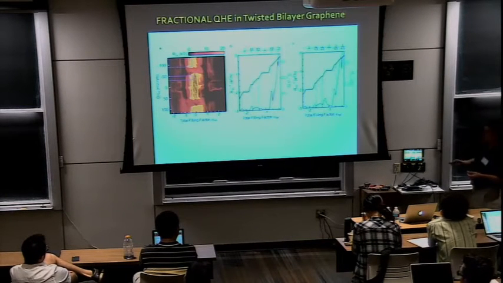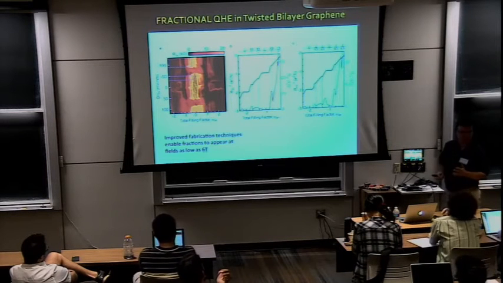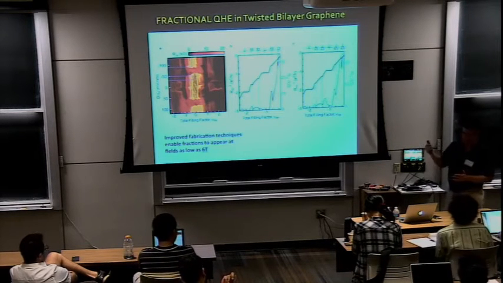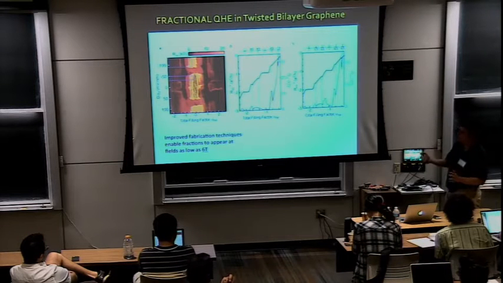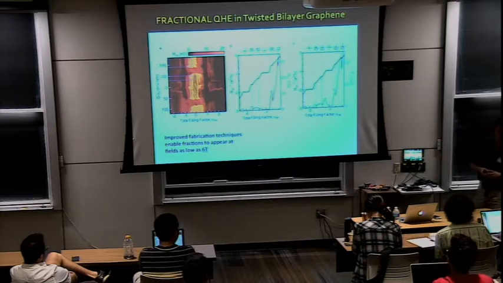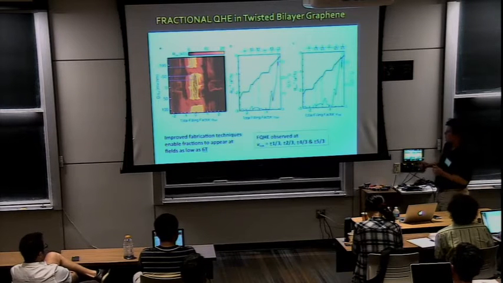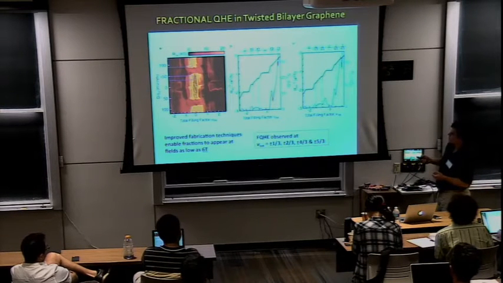Now, recently we've been able to fabricate samples of higher quality and do these measurements, so now Rxy and Rxx measurements at magnetic fields as low as 6 Tesla. So we don't have to go to Tallahassee to do these experiments. Now we can measure fractional quantum Hall effect in twisted bilayer graphene at magnets that we all have in our labs. This is quite interesting, and we just started, and it's pretty decent fractional quantum Hall data.